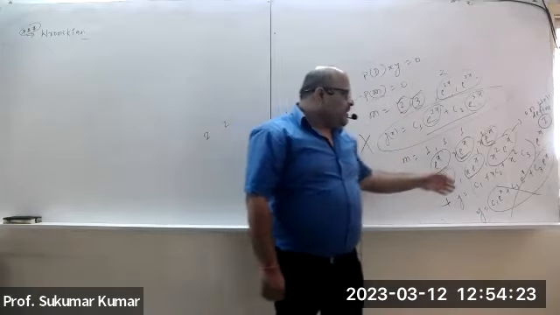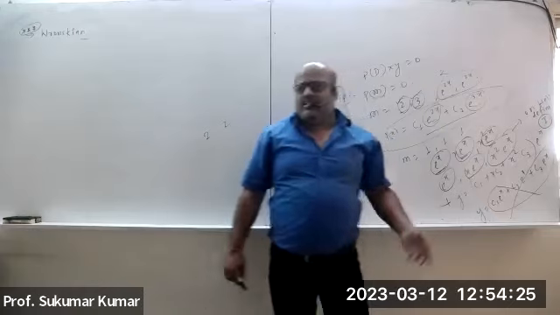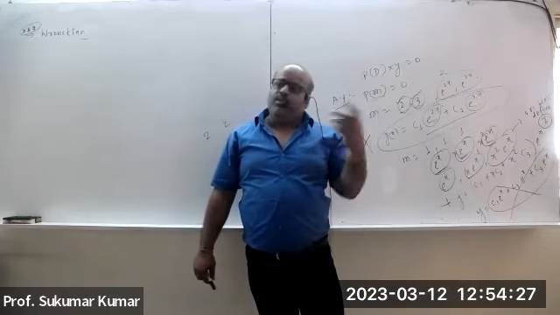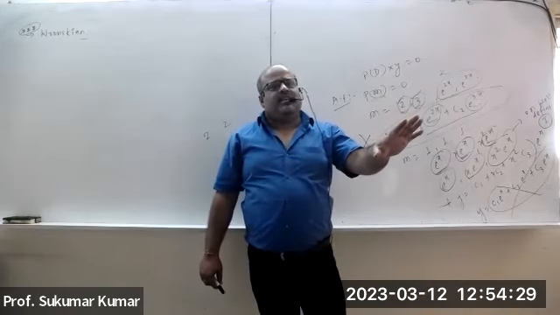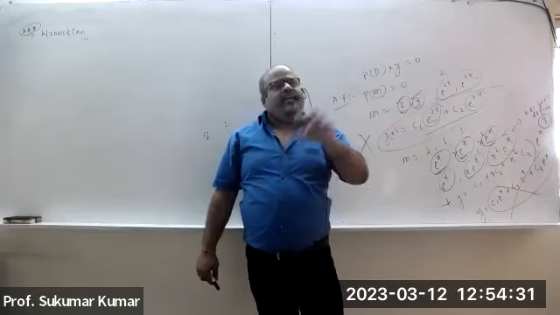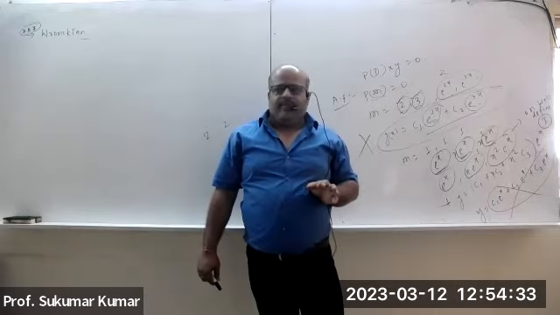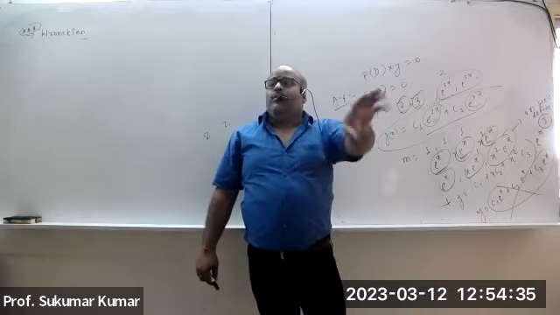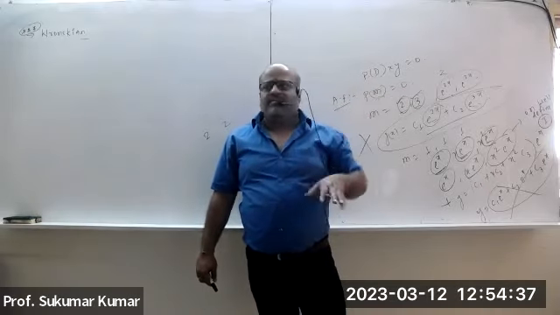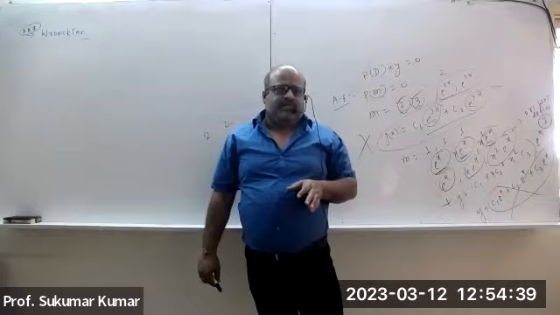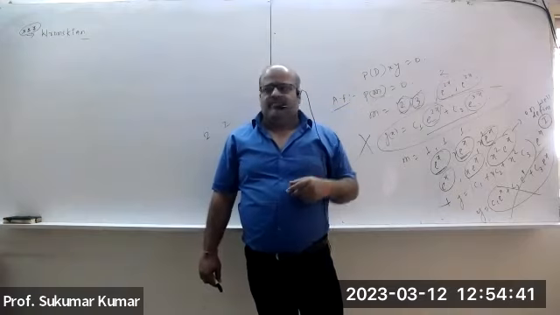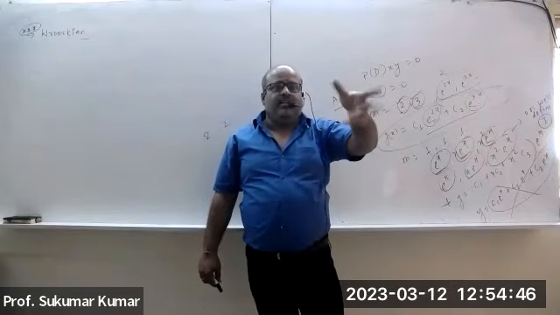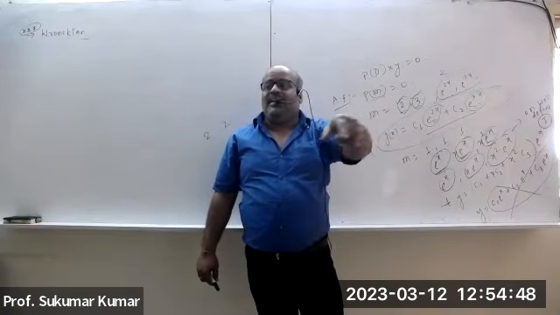So when I directly write the solution C1 e power x, C2 x e power x, C3 x square e power x, it means these solutions are linearly independent on the well-defined interval they give. If you want to know that interval, you can find it. If they have not given a well-defined interval, then you must define it.